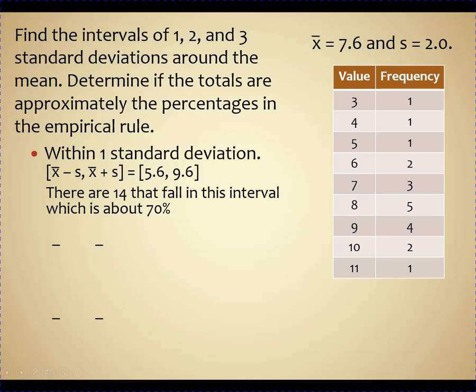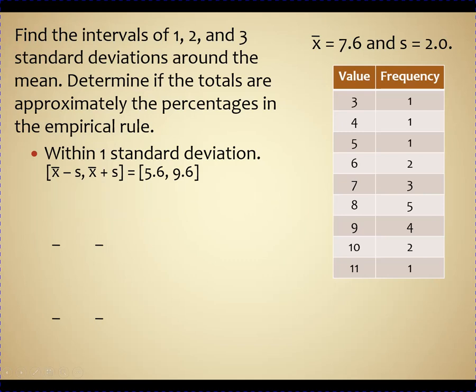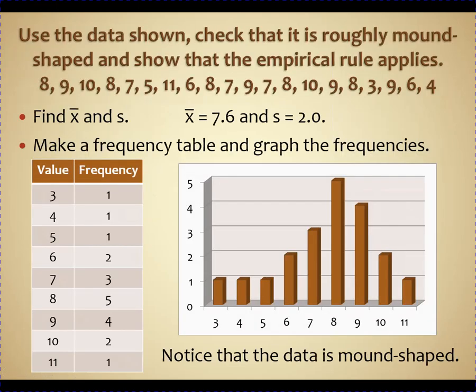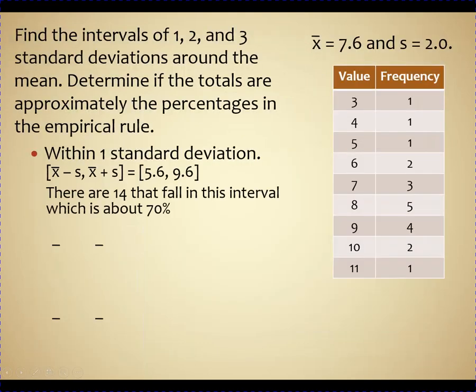So if we take 14 out of the number of pieces of data, so we had 1, 2, 3, 4, 5, 6, 7, 8, 9, 10, 11, 12, 13, 14, 15, 16, 17, 18, 19, 20 pieces of data. So we could do 14 out of 20, which is 70%. So it fits, it works. We were saying at least 68% should be in there.